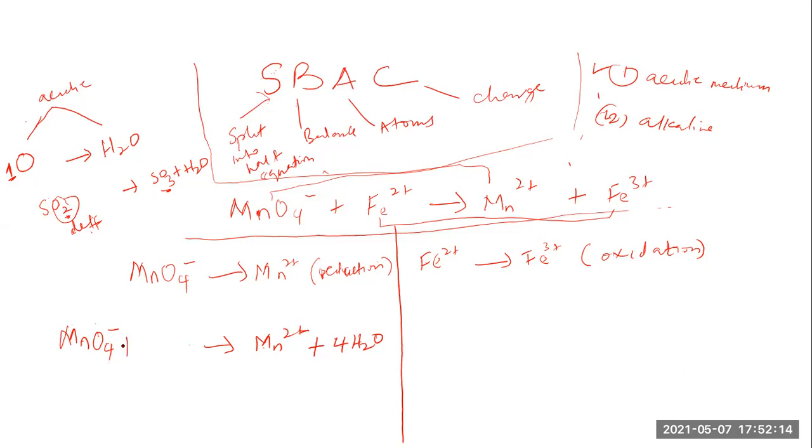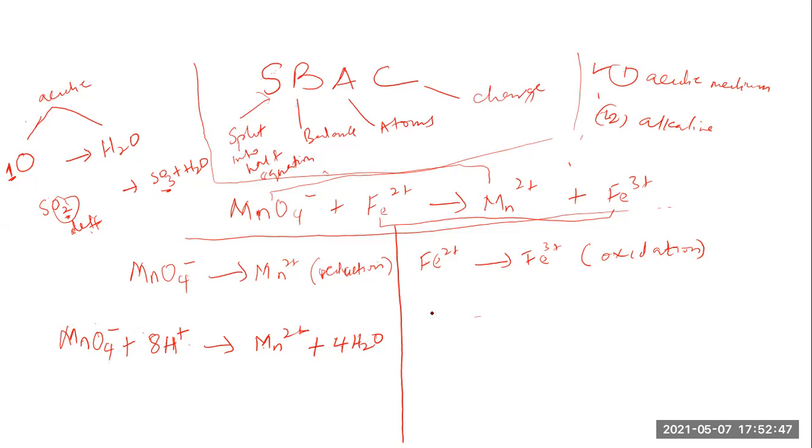And since I'm balancing atoms, I know that here now I have one manganese atom and 4 oxygen atoms, but I don't have hydrogen atoms. So I must balance the hydrogen atoms by counting. 4 times 2 is 8 hydrogen. And since it is acidic, we are going to balance with hydrogen ion. So here, the number of atoms is balanced.